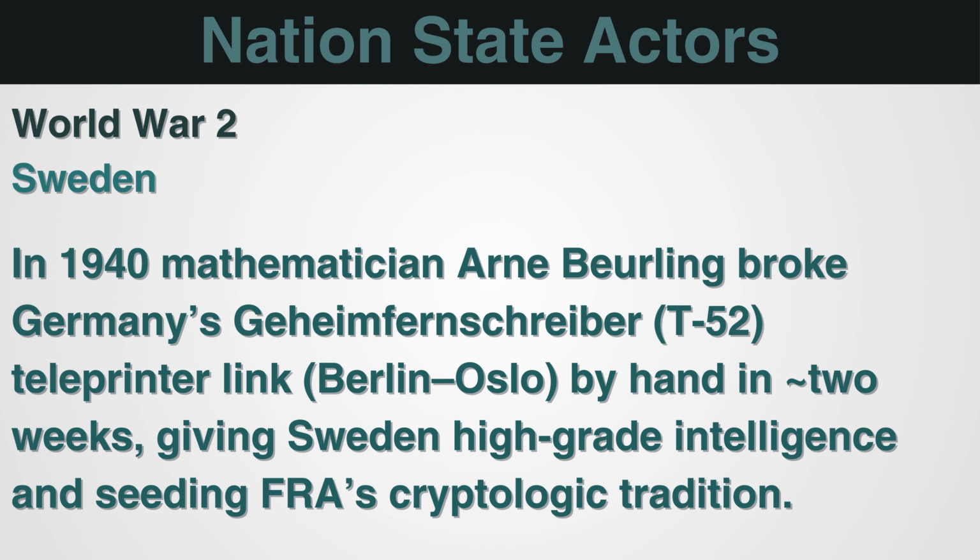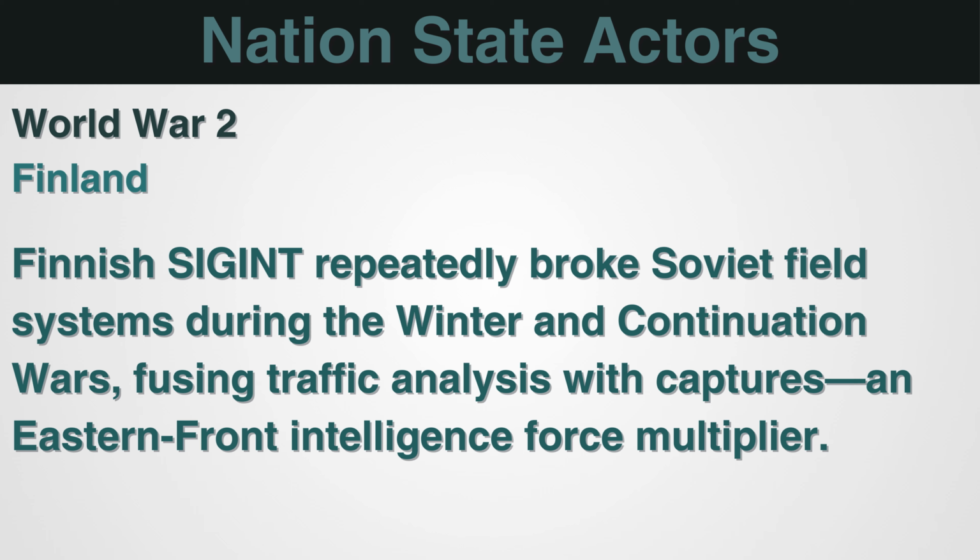This T-52 teleprinter link they broke by hand in about 2 weeks, giving Sweden high-grade intelligence and seeding FRA's cryptologic tradition. You have Finland. Finnish SIGINT repeatedly broke Soviet field systems during the Winter and Continuation Wars, using traffic analysis with captures, which was an Eastern Front intelligence force multiplier.